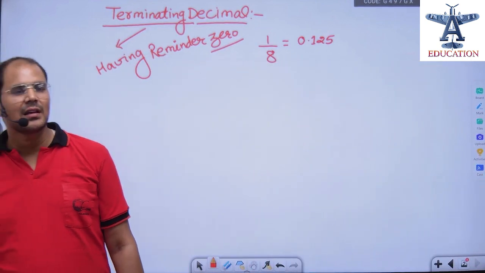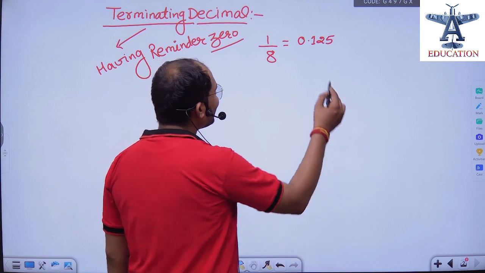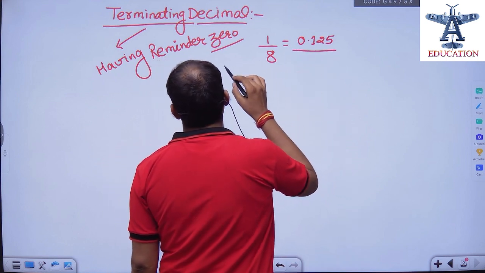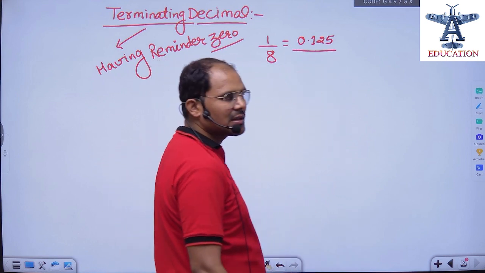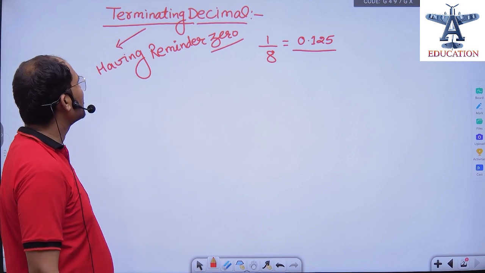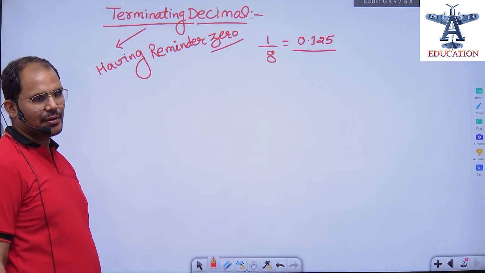It means the number is completely divided, having remainder 0, so it is known as terminating decimal. Okay.